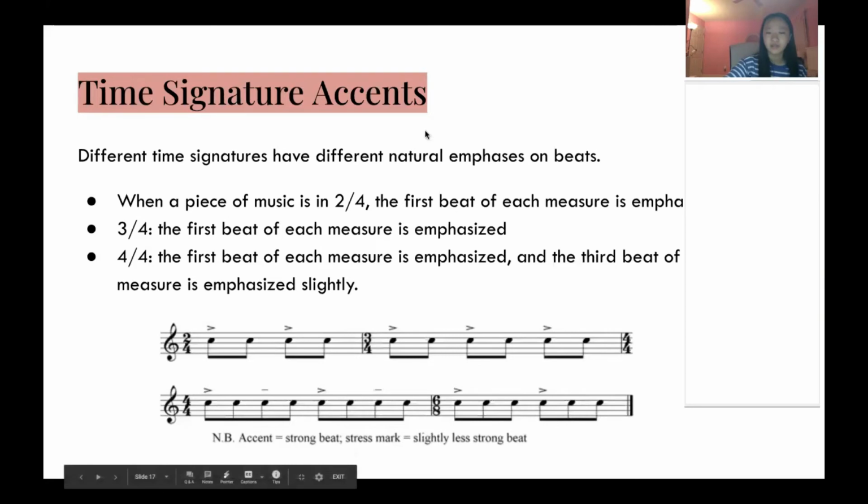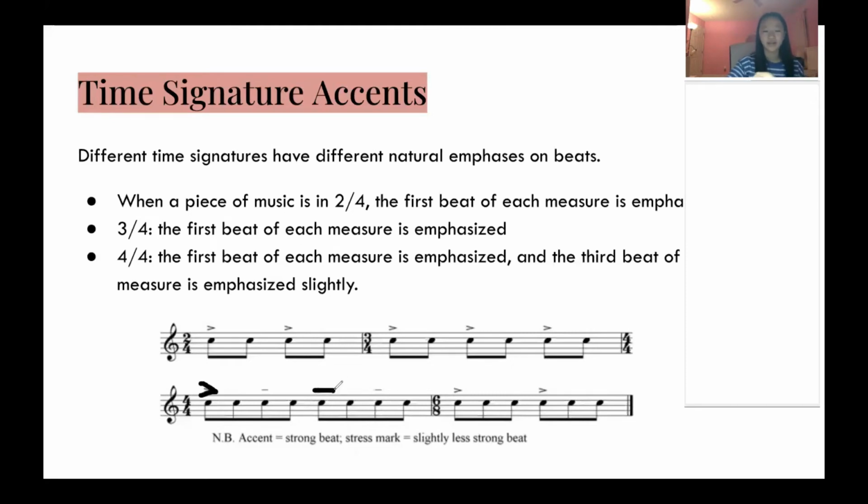So they did this one wrong too. Well, according to the book I'm from. So in 4/4, you would emphasize the first beat, and then the third beat would be kind of emphasized. And then for 2/4, it's only the first one. And if it's flat, that means, if there's a straight line, that means that the emphasis is less strong, but it's still there.